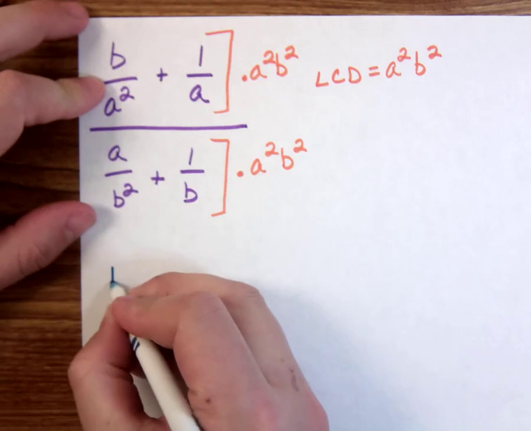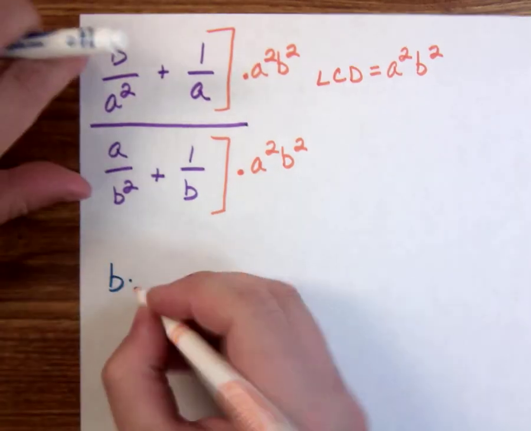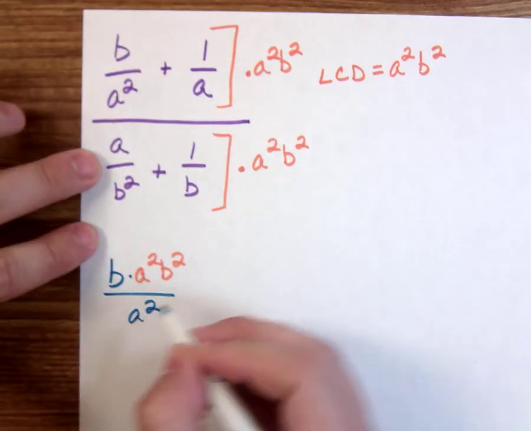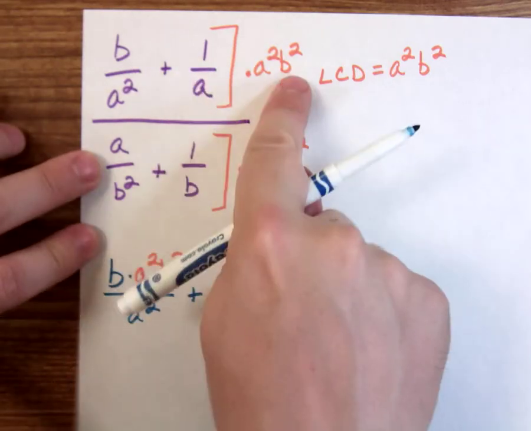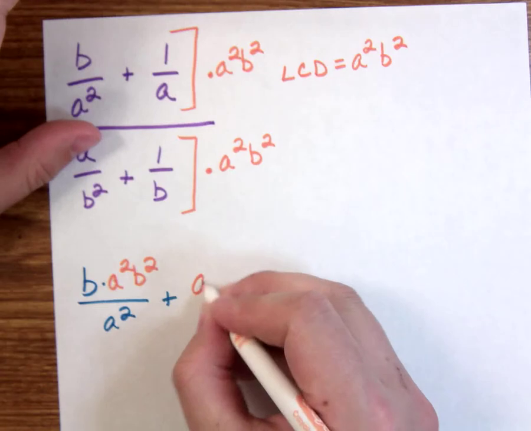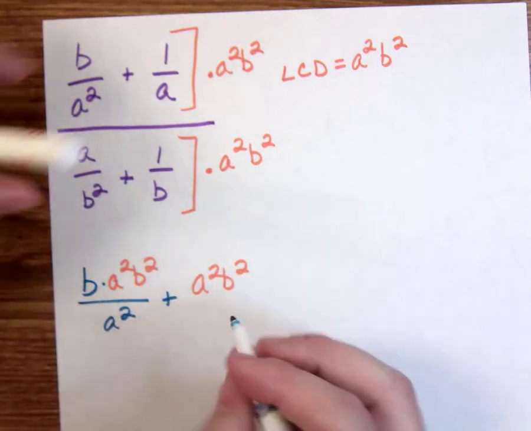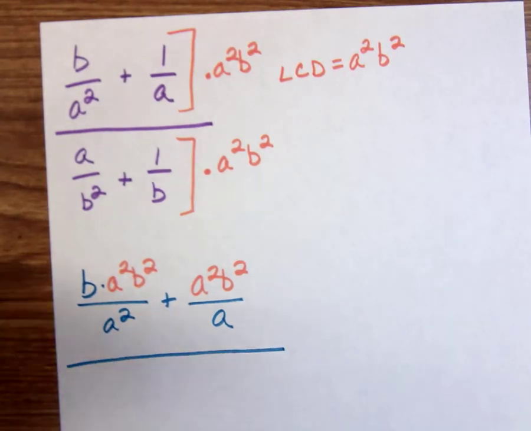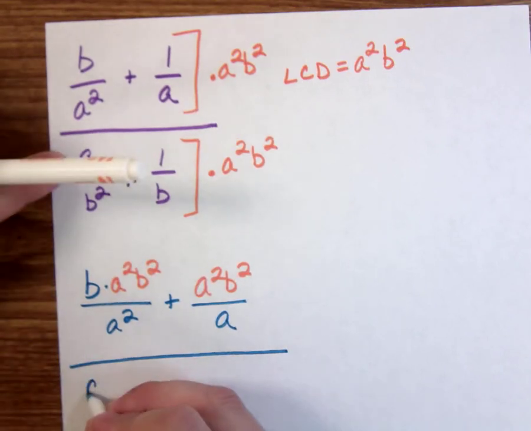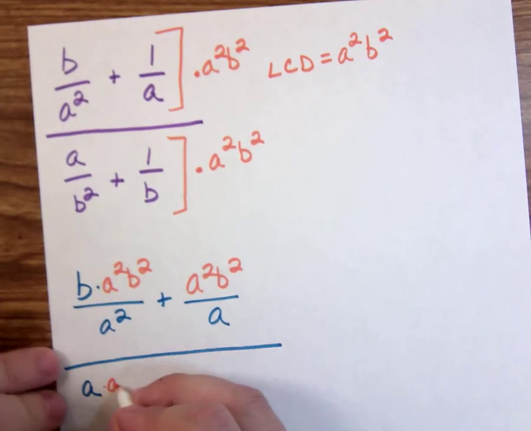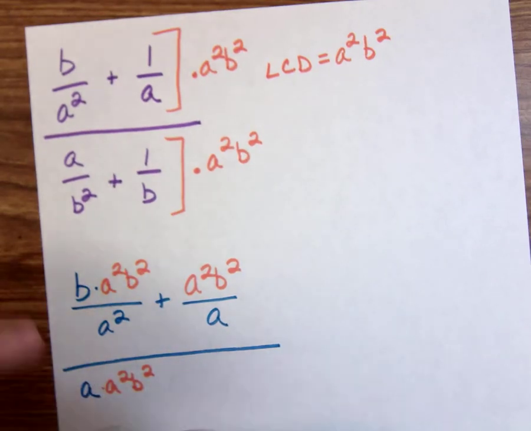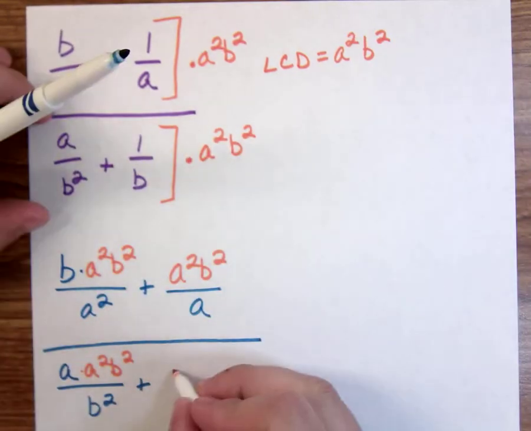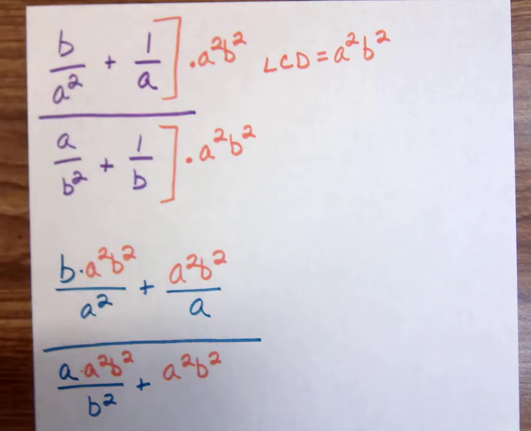So this is going to be B multiplied by, I'm going to go ahead and do separate colors so you can see the new part, A squared, B squared over A squared plus, and 1 times A squared, B squared is just A squared, B squared over A. On the bottom, I've got A multiplied by A squared, B squared over B squared plus 1 times A squared, B squared is A squared, B squared over B.